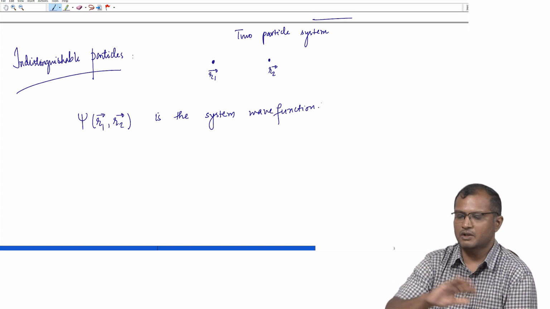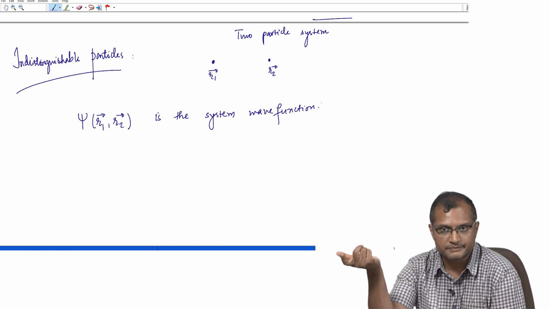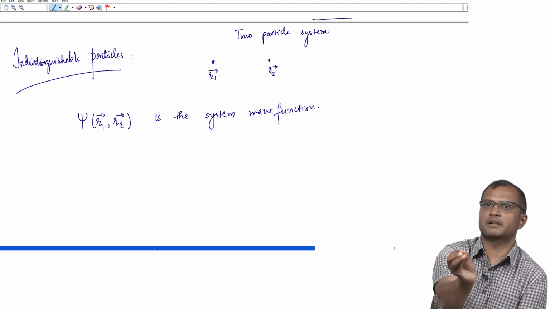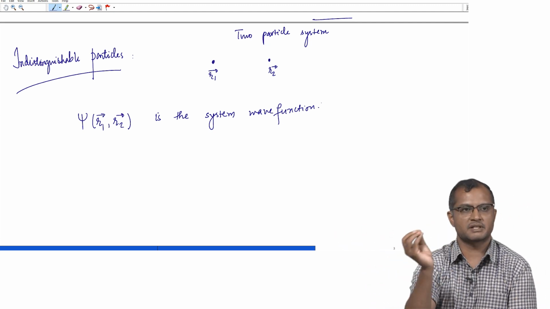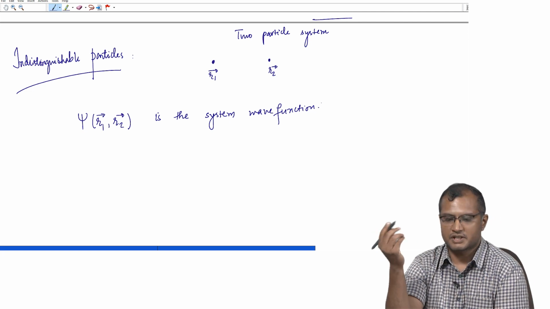So, permutation of 1 and 2 does not change the potential energy, and it clearly does not change the kinetic energy, because I am just putting one particle having some kinetic energy at a different location, its kinetic energy remains the same. So, Hamiltonian does not change.